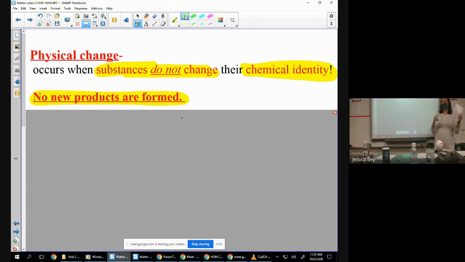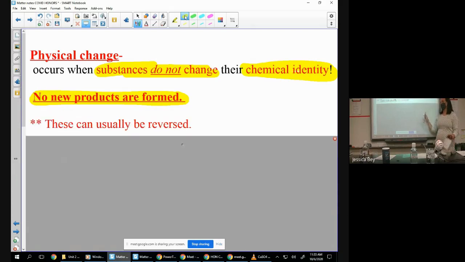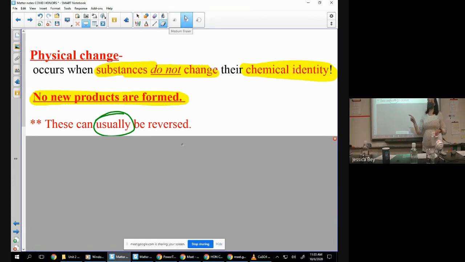I like to do the ripping one because the indication they put is that they're usually reversible. However, good luck getting this paper back together. So the word usually is in here. But if you see that it is not reversible, think about if you got something brand new. And if you didn't get something brand new, then it's just a physical change.